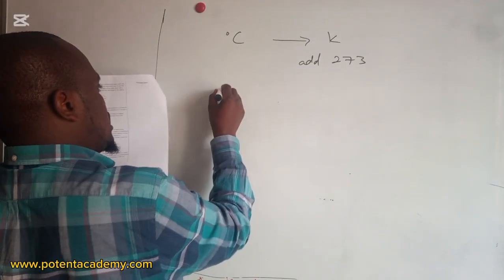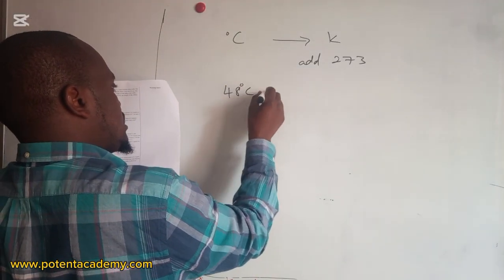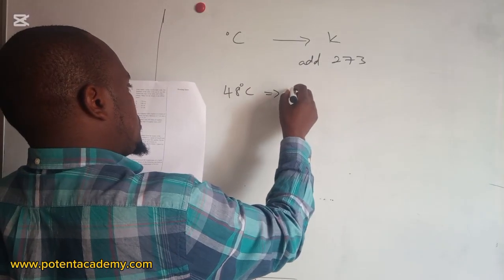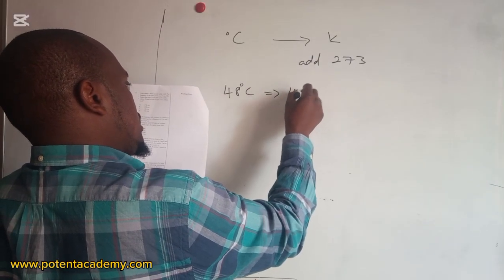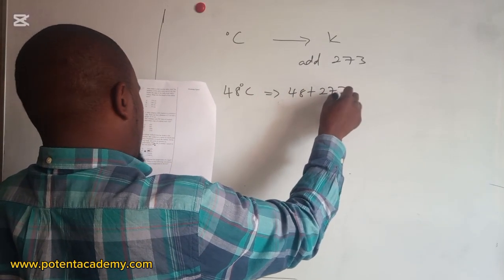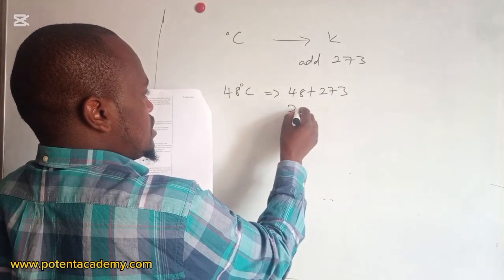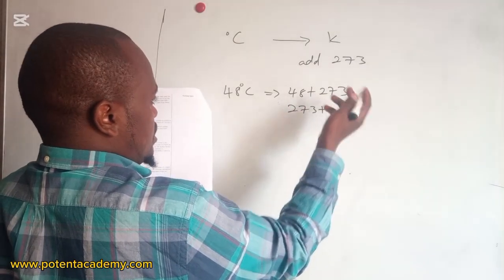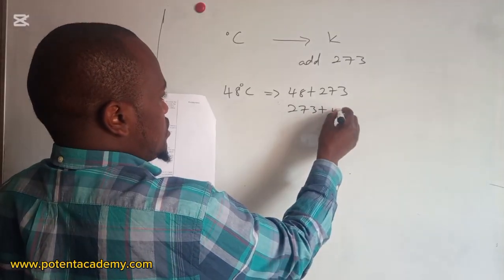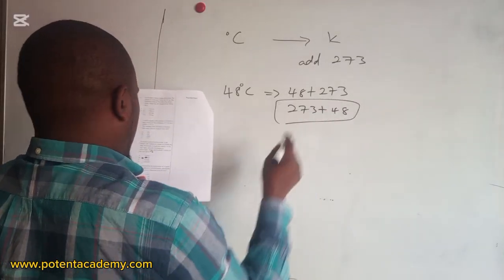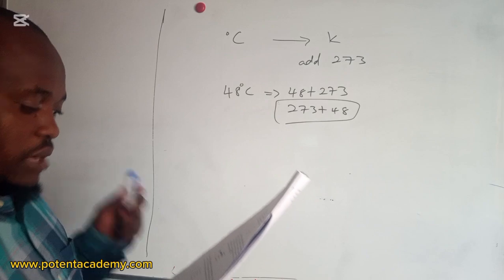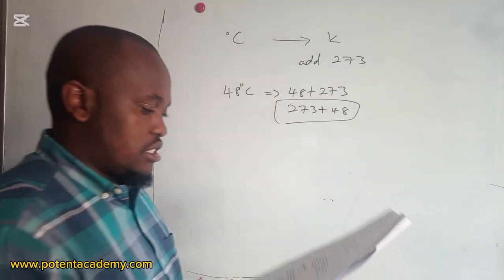So when you have 48 degrees Celsius, your answer in Kelvin would be 48 plus 273. You can start with either, as long as it is 273 plus 48. So this is the correct answer. Not minus, not divide, not multiply.